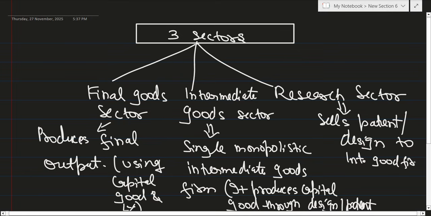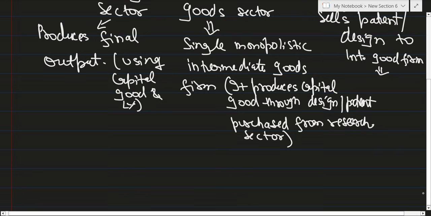Basically, when the research sector sells this patent or design to the intermediate goods firm, the intermediate goods firm monopolizes the entire market until another innovation occurs, and that particular monopolistic firm is replaced by the next more innovative firm which produces the latest capital good or latest technology.